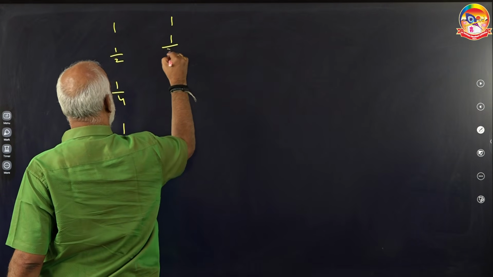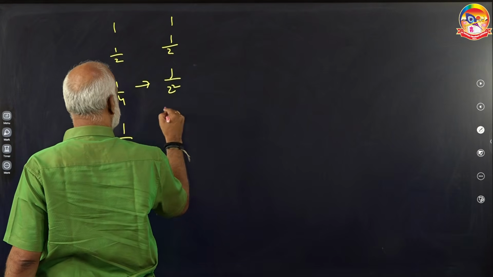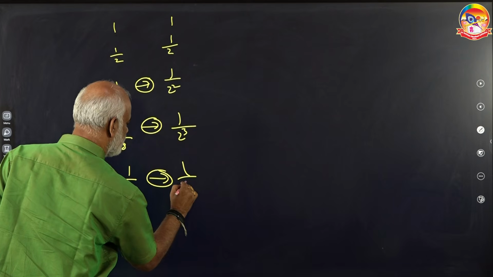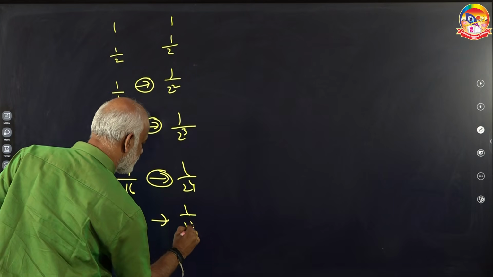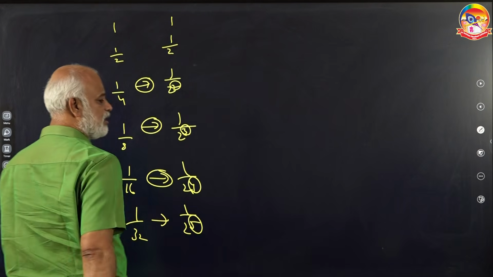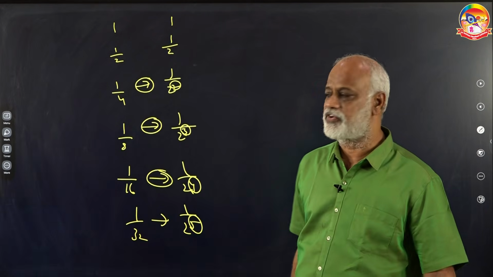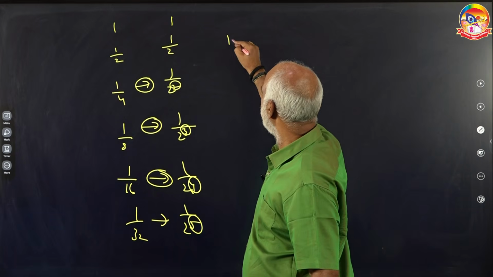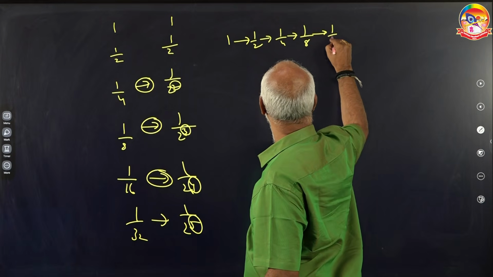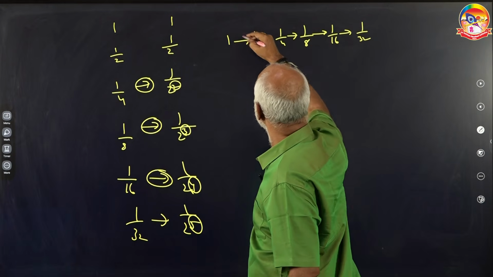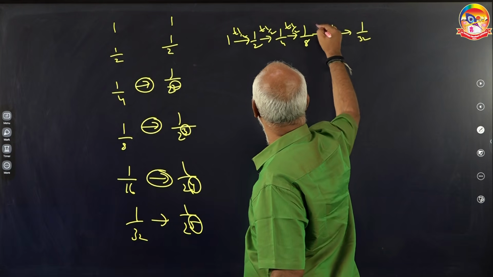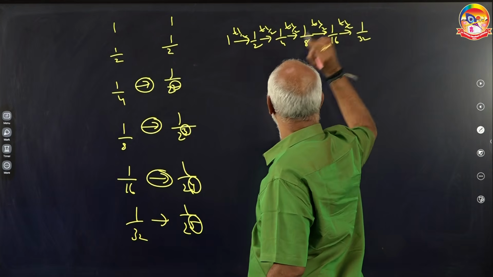That is 1, 1 by 2, 1 by 2 square, 1 by 2 cube, 1 by 2 power 4, 1 by 2 power 5. This 2, this 3, this 4 and this 5 are called the number of half-lives. I mean to say 1 to half to 1 by 4 to 1 by 8 to 1 by 16 to 1 by 32. This is one t half, another t half, another t half, another t half, another t half.